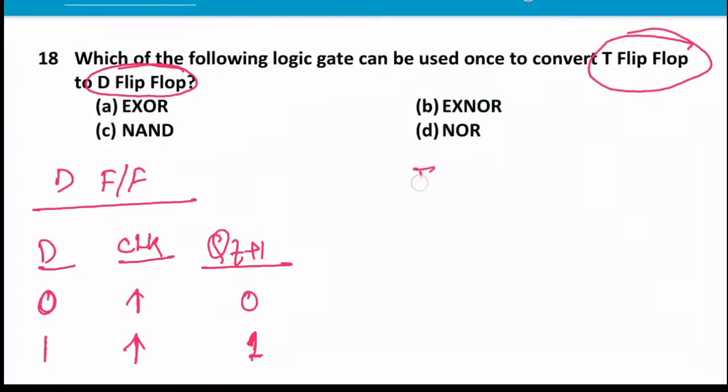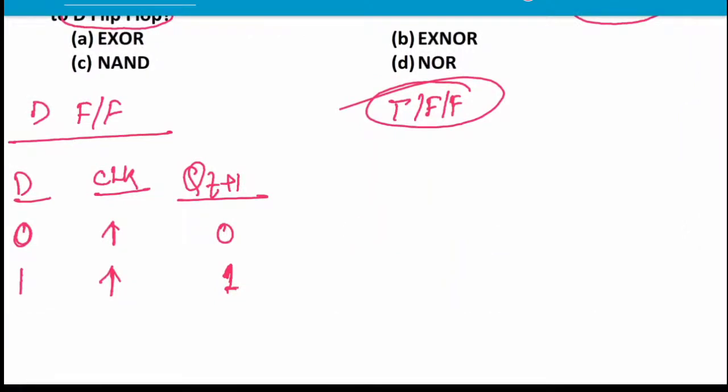But in case of the T flip-flop, both D and T flip-flops are single input flip-flops. So here we have T, clock and Q T plus 1.